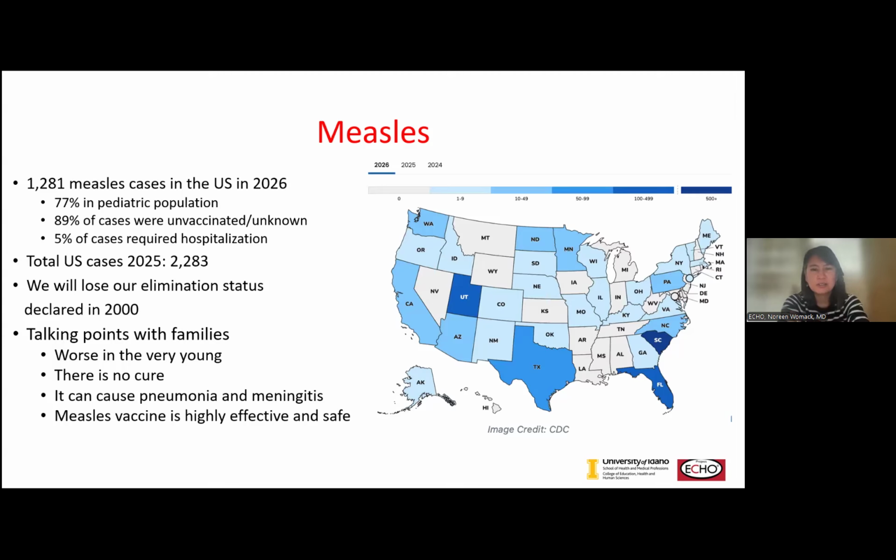But kudos to you guys who got this right away. Those are Koplik spots in the buccal mucosa. And so if you see that combination of cough, coryza, conjunctivitis, high fever, typically ill-appearing child, and rash, then you have to think measles. Next slide.